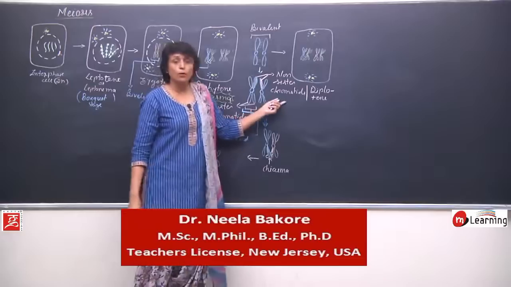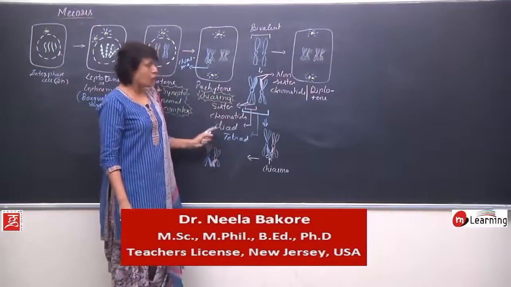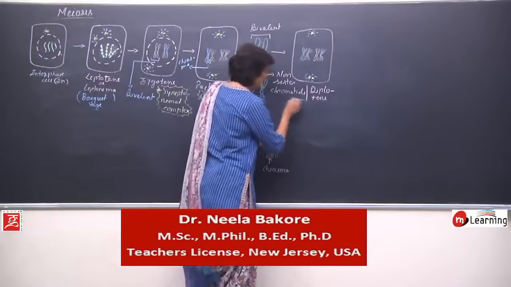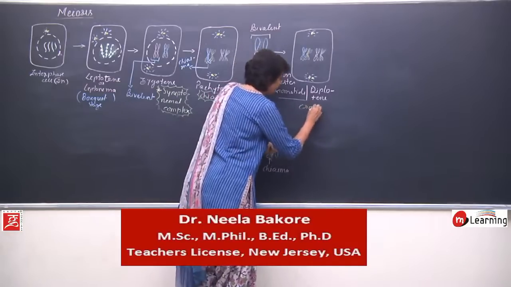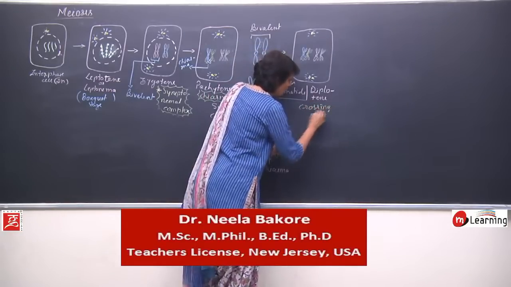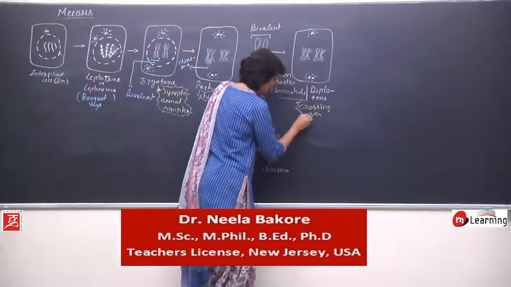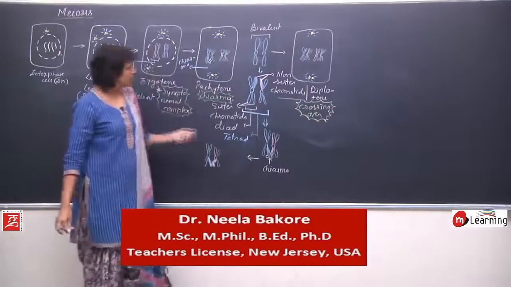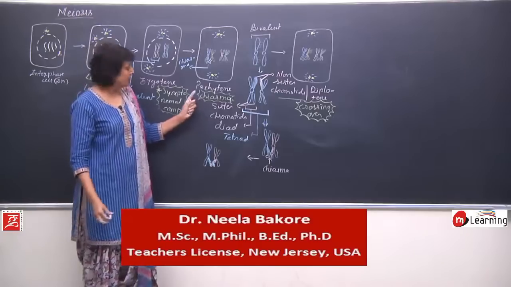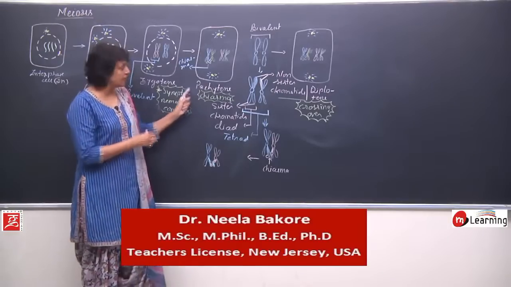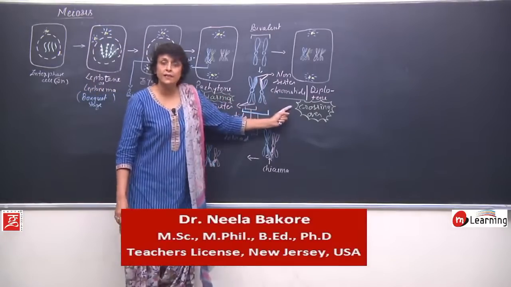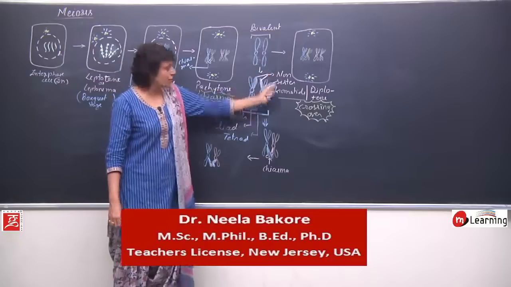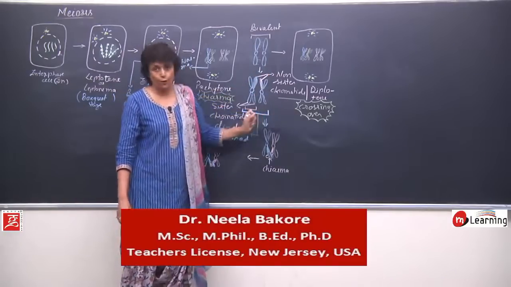So in diplotene, this crossing over gets completed. So here the important event which is taking place is crossing over. Crossing over is beginning somewhere in the end of pachytene and getting completed in this diplotene, or it can start in early diplotene and get over by the end of it.